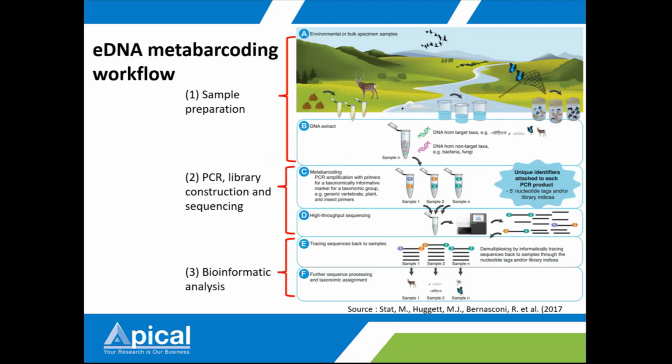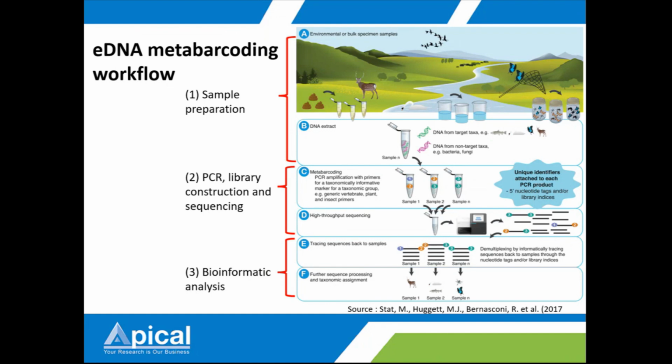All right, so basically for the eDNA metabarcoding workflow, I can split it into three phases or three steps, starting from sample preparation. Starting with the environmental sample collection, let's say you are collecting water samples, so you need to sieve using a suitable filter size, right?